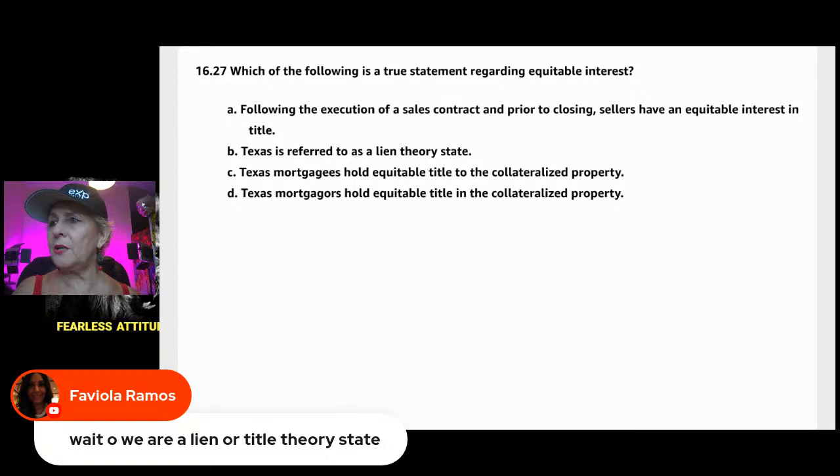So lien theory state, there's actually fewer lien theory states. Okay, there's 1, 2, 3, 4, 5, 6, 7, 8, 9, 10, 11, 12, 13, 14, 15, 16, 17, 18. So there's like 20 lien theory states. Most of the West Coast and Texas and some of the southeastern states are title states.